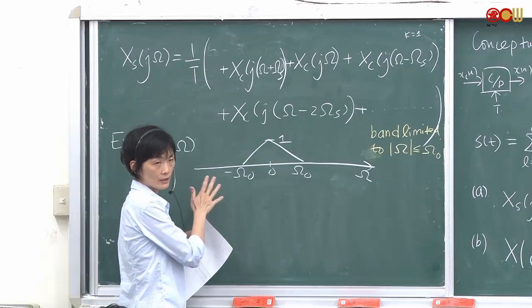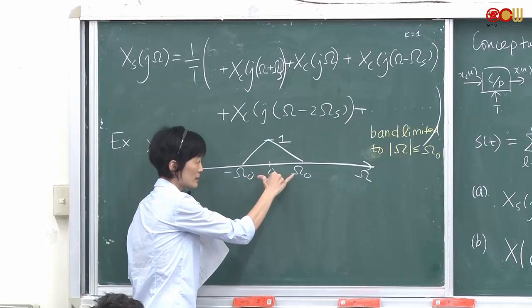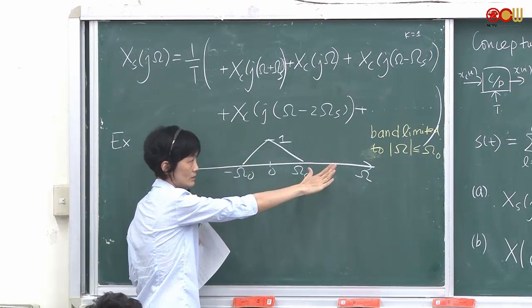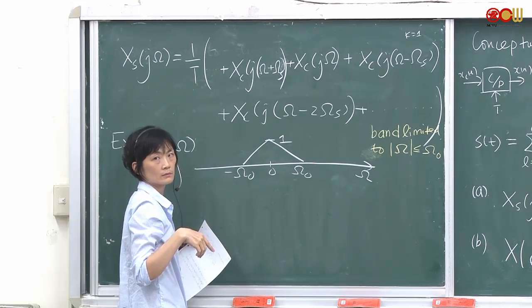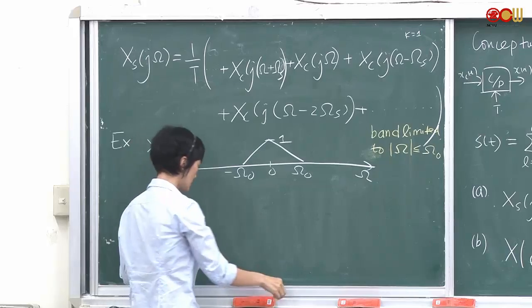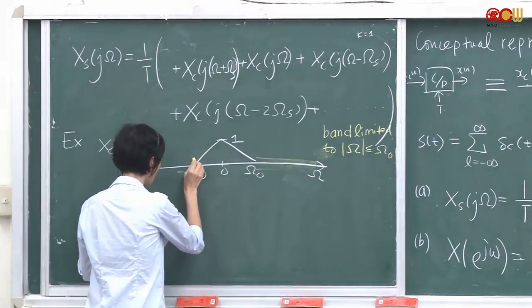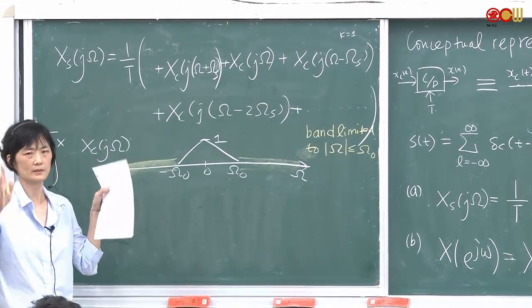If we look at the Fourier transform, it could be non-zero between −ω_0 and ω_0, but beyond these two, beyond ω_0, they're all 0. So it's band limited.